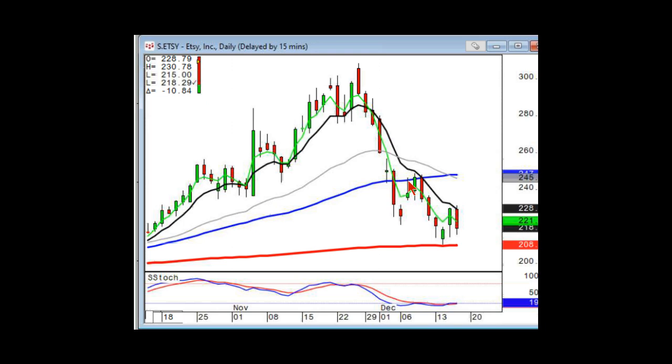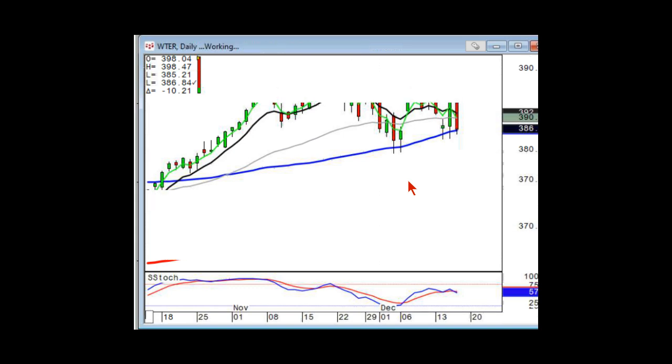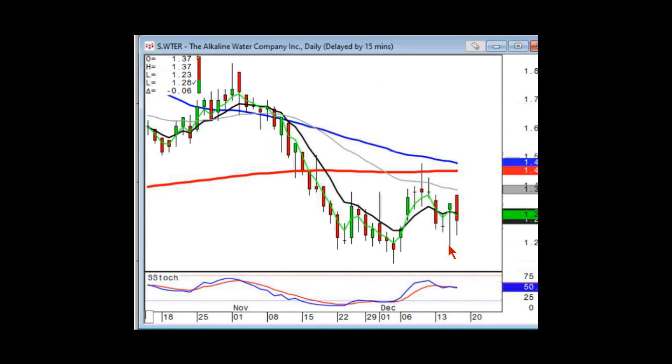The Qs, if this opens lower tomorrow, telling you the 50 is not acting as a support level anymore. This one, I would not be long or short. There's absolutely nothing there to make me want to be in that chart.